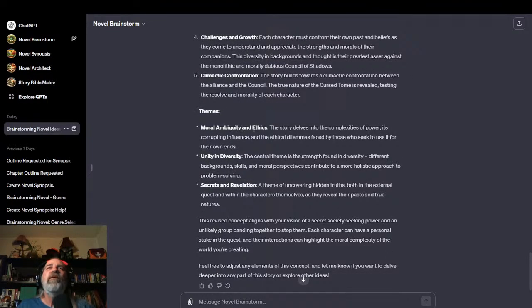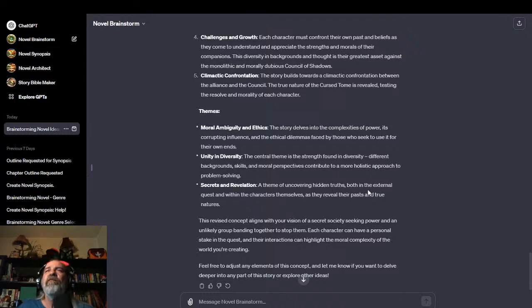Themes, moral ambiguity, and ethics. Story delves into the complexities of power, its corrupting influence, and the ethical dilemmas faced by those who seek to use it for their own ends. Unity and diversity. Central theme and strength found in diversity. Different backgrounds, skills, and moral perspectives contribute to a more holistic approach to problem solving. Secrets and revelation.